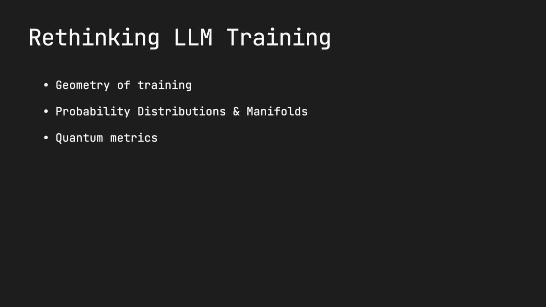And lastly, we're going to look at how this paper connects quantum mechanics and Hilbert spaces to LLM training. There are a lot of deep, intricate connections that this paper makes. This paper is about a new and different way of thinking about the geometry of LLM training.